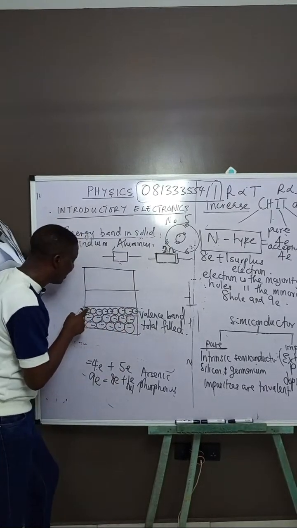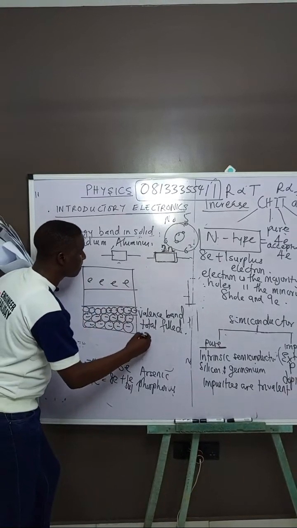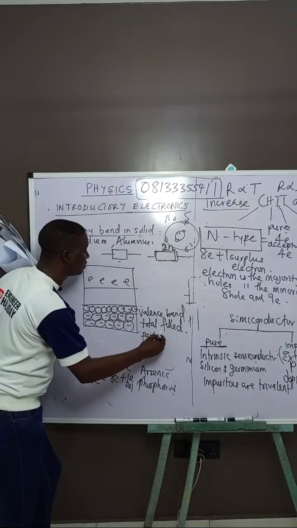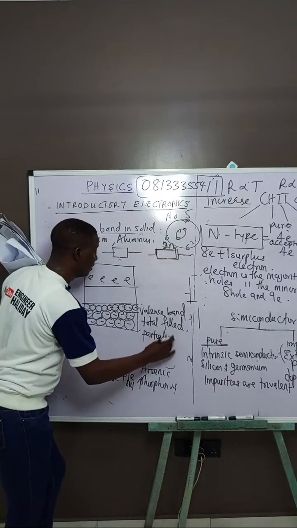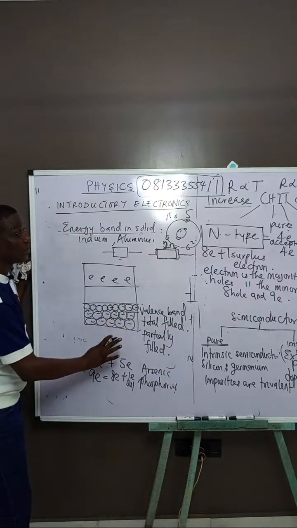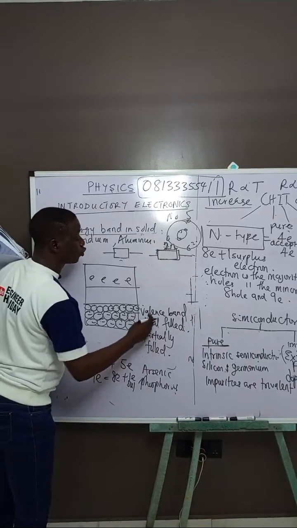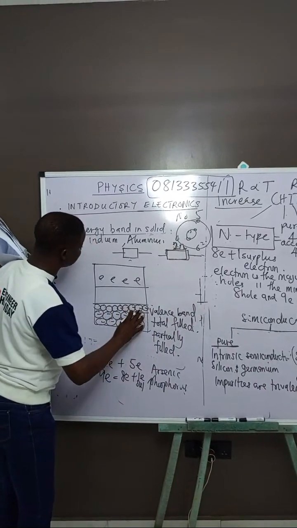Or when electrons escape and come here, it becomes partially filled. These are the criteria that happen to the valence band: either partially filled or totally filled.